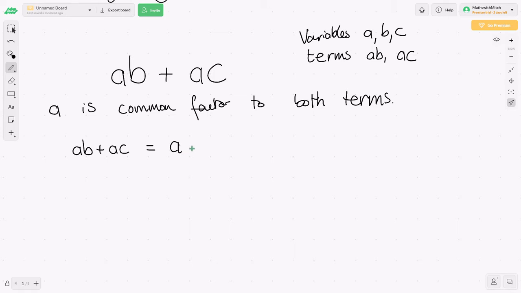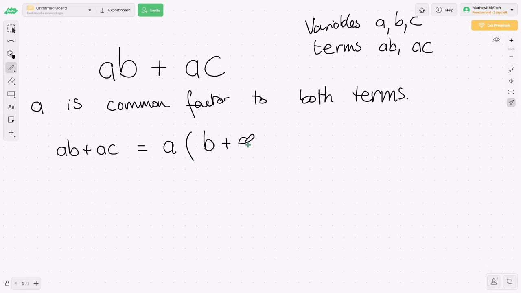So we can take a out and say a times b plus c. Oh, pen's gone haywire. b plus c. And they are the same algebraic expression as one another, but they've been factorized.